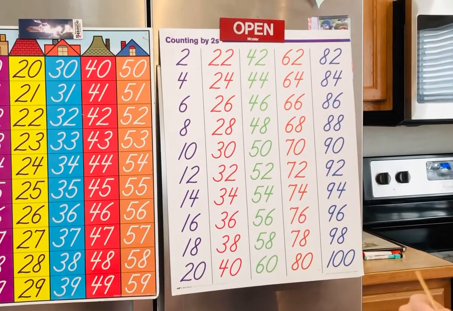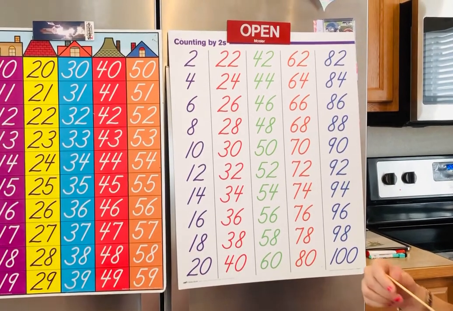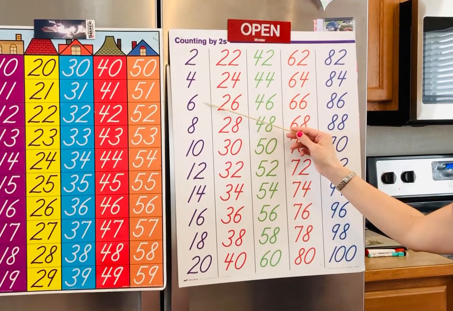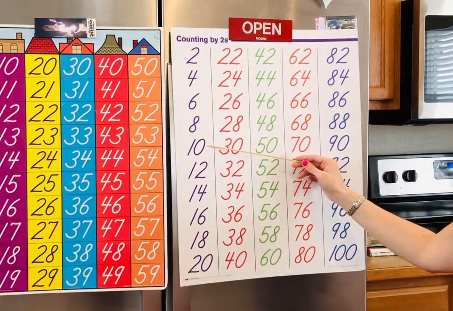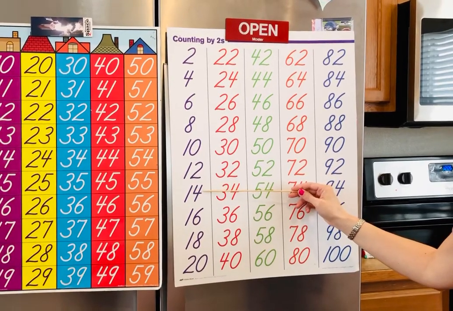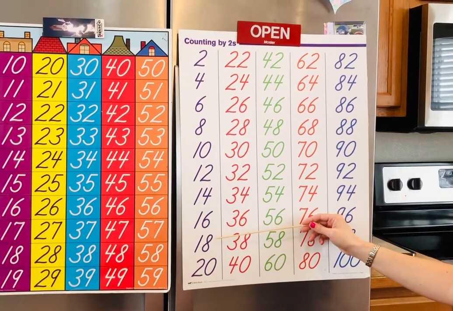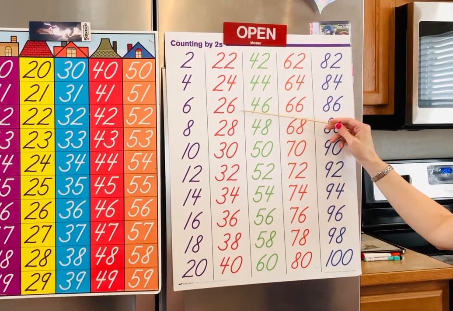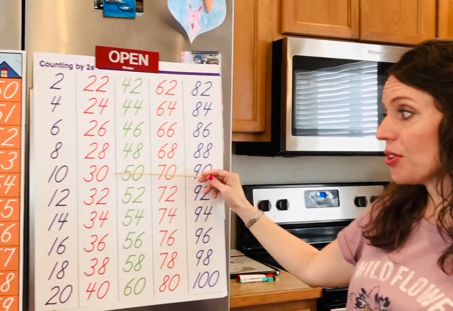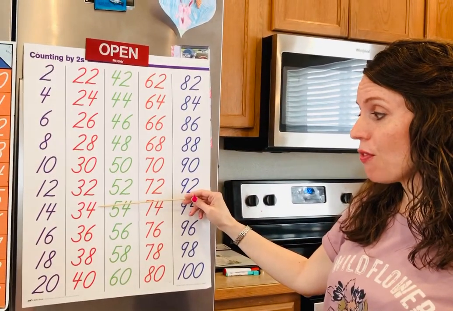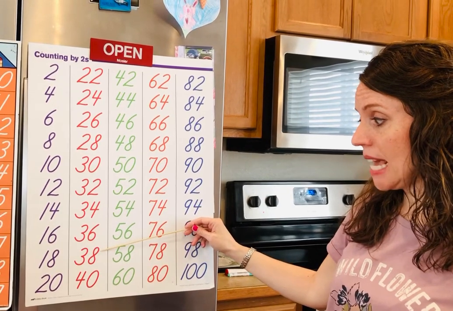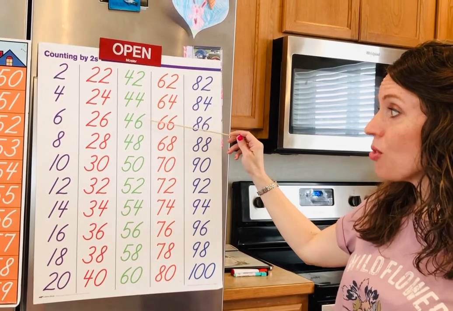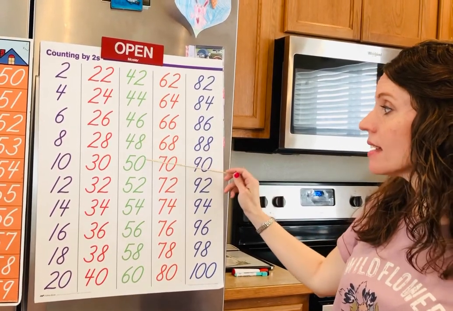Count with me one last time before we go, and that'll give you some good practice. 2, 4, 6, 8, 10, 12, 14, 16, 18, 20, 22, 24, 26, 28, 30, 32, 34, 36, 38, 40, 42, 44, 46, 48, 50.